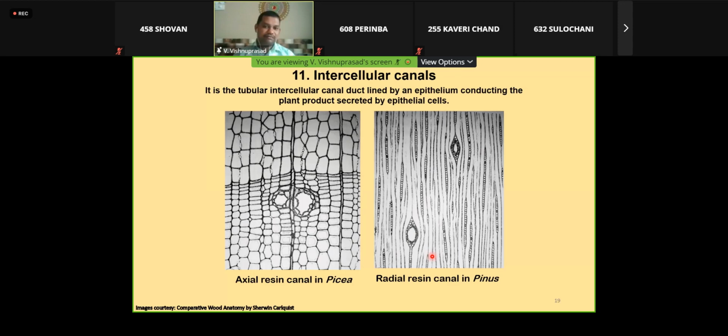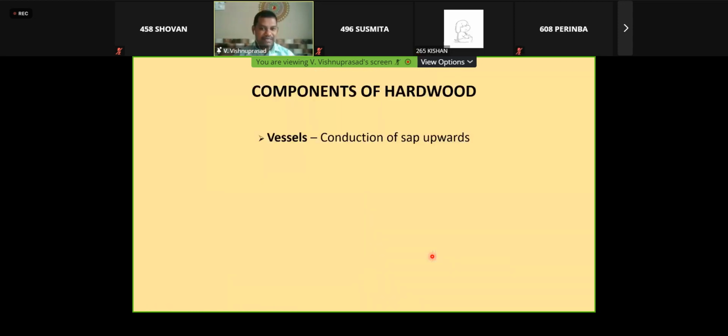So more amount of fibers you will find in the case of a hardwood. Then you will find the ray parenchyma, again for lateral conduction. You will have axial parenchyma for storage, very similar to the softwood. You will have different types of cell inclusions present in various forms. So these are the different components.